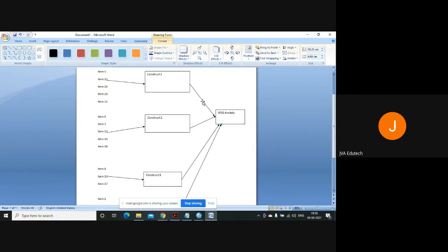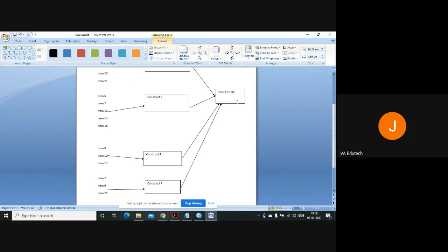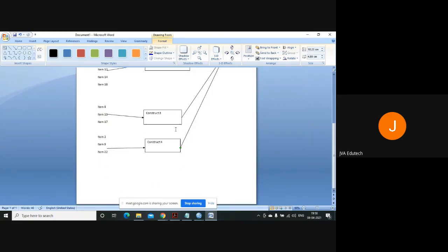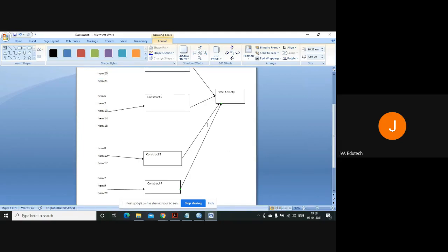Here you can see the concept of the total variance and the common variance. All these four constructs share a common variance to explain SPSS anxiety. Further, each construct could be explained by individual items, which are the unique variances. So finally, if you model this relationship, it will come like this.